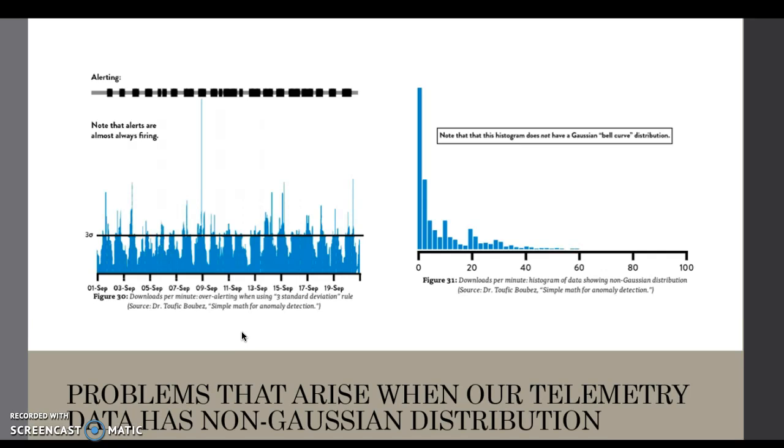Problems arise when our telemetry data has no Gaussian distribution. This is a very interesting point, because many times we will not be able to use means and standard deviation to analyze the project.